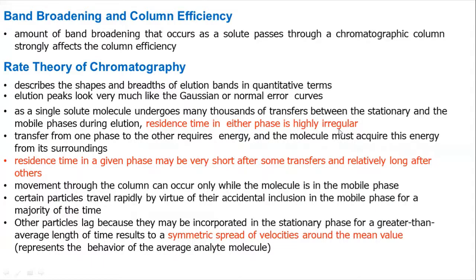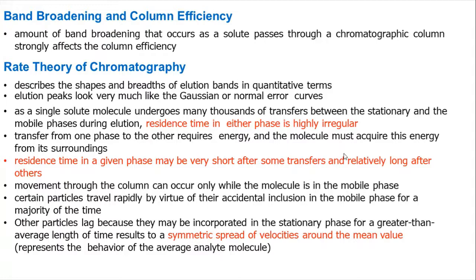The transfer from one phase to the other requires energy, and the molecule must acquire this energy from its surroundings. Residence time in a given phase may be very short after some transfers and relatively long after others. The movement through the column can occur only while the molecule is in the mobile phase.